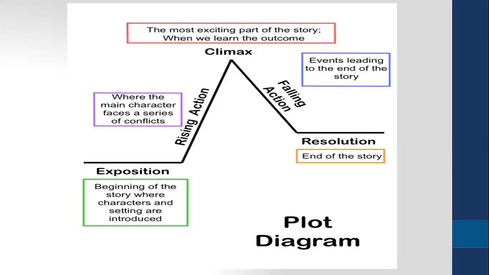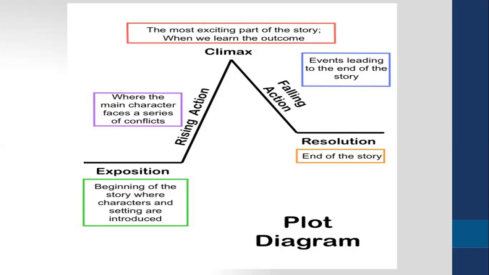Then, after the climax, the problems and the conflict, whatever the issues were, start to resolve, like events leading to the end of the story. So you see that a story begins with a problem and it has a conflict, whether it is about a family or child labor, whatever your theme is.